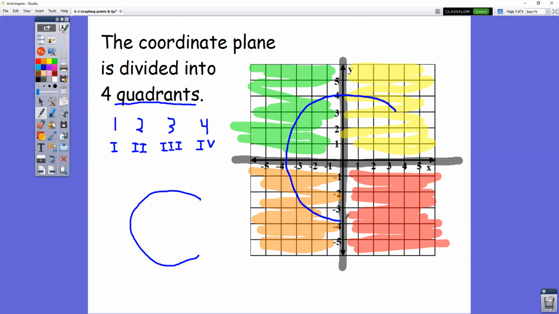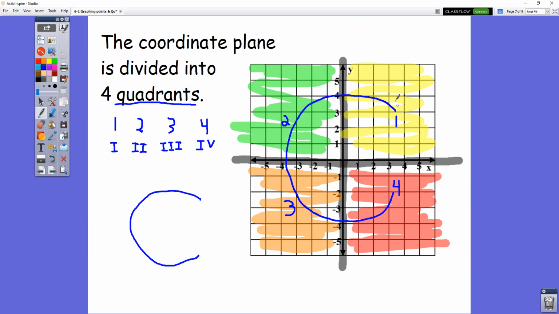And this is just the way to remember which quadrant is which. If you think of the gigantic letter C, it starts off in quadrant number 1. It goes to quadrant number 2. Then it goes down to quadrant number 3, and it ends up in quadrant number 4. So we're going from quadrant 1 to 2 to 3 and ending up in 4.